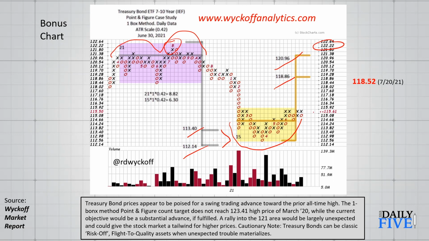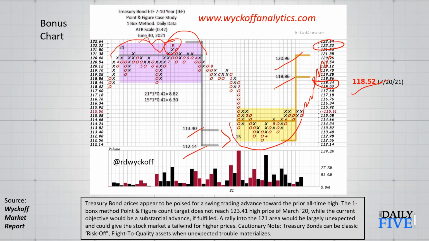Well, guess what? We did this count on June 30th, and this ultimately did rally up, and it went right to this area, missed by about a box here at 118.52. That's the high made on July 20th, but it still has the potential to keep working higher.